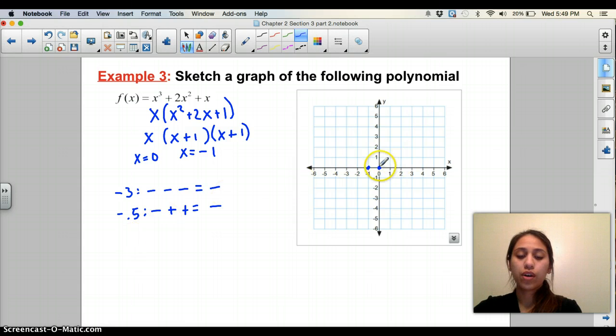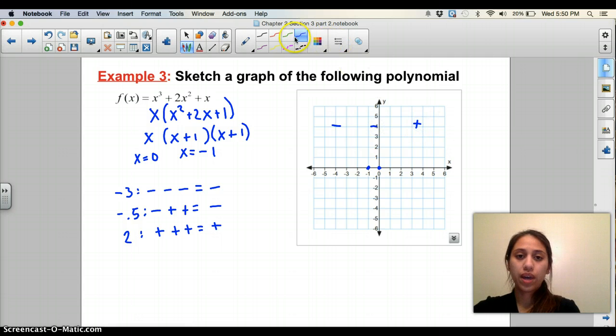And lastly, for a value to the right of 0, I'm just going to go ahead and pick 2. So 2 for x is a positive, 2 plus 1 is a positive, and 2 plus 1 is a positive. So all positives multiplied is a positive. So I'm going to write the signs that we got for each section: negative, negative, and positive.